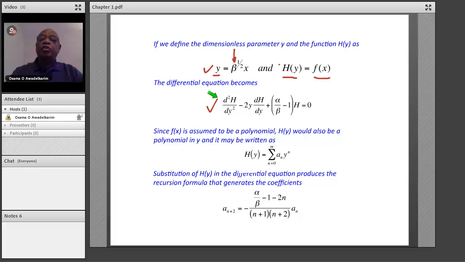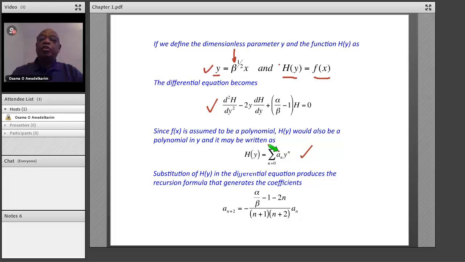Now, to solve this differential equation, we're going to use a polynomial h of y, and this is a polynomial of order m, where m here is on top, and a sub n are the coefficients of y to the power n.